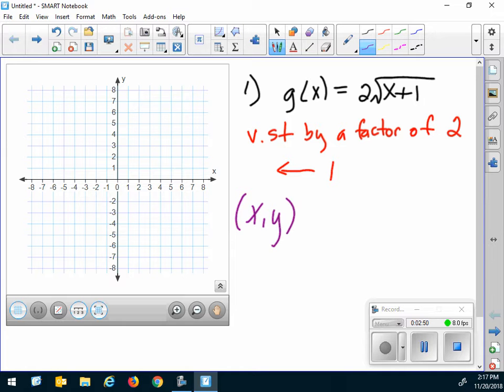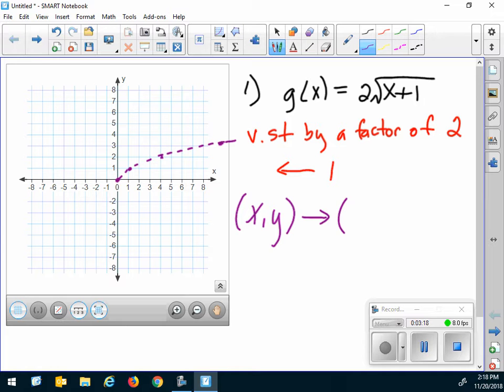For every point x, y that's on the parent graph, and remember, the parent graph looks like this: the square root of 1 is 1, the square root of 4 is 2, the square root of 9 is 3, right? For every point on the parent graph, this new function is going to do something.